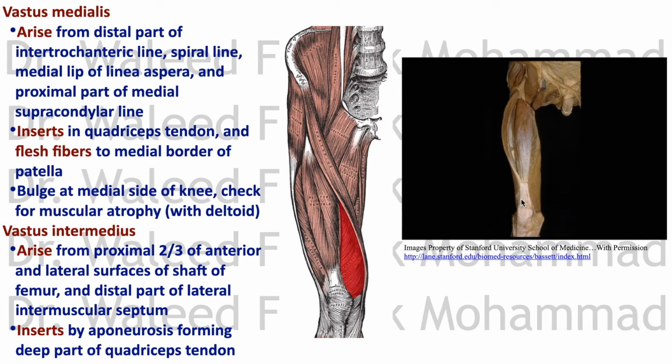Okay, please pay attention to this. Now, the deep aspect of vastus intermedius may give the articularis genu muscle. The articularis genu arises from the shaft of the femur, but it may be part of the vastus intermedius.